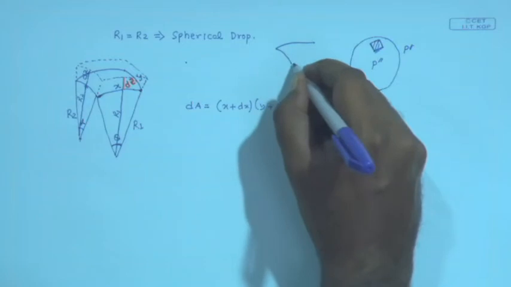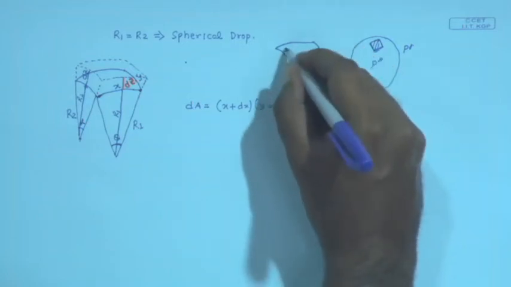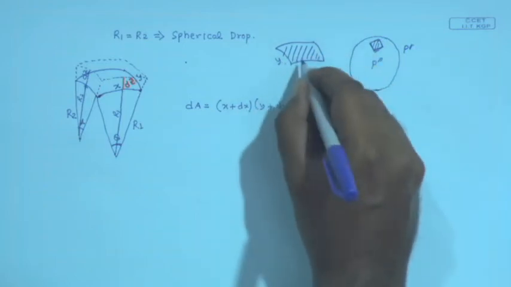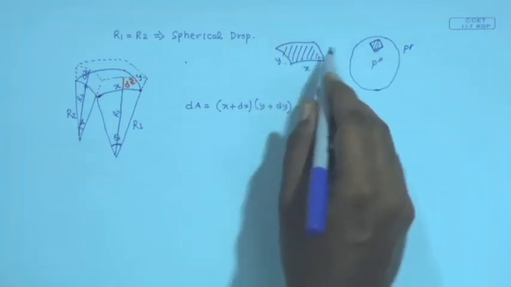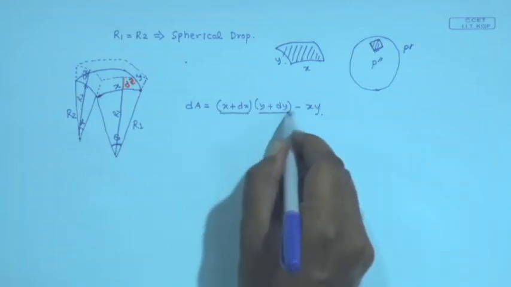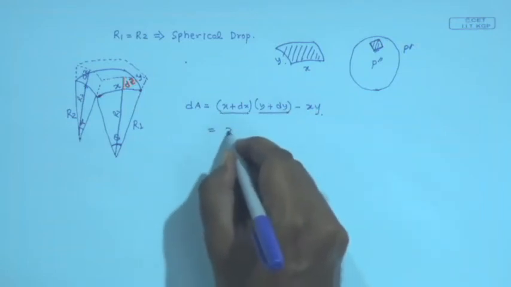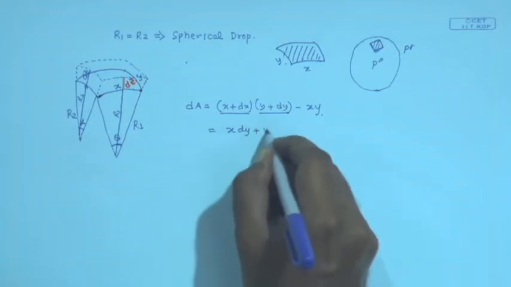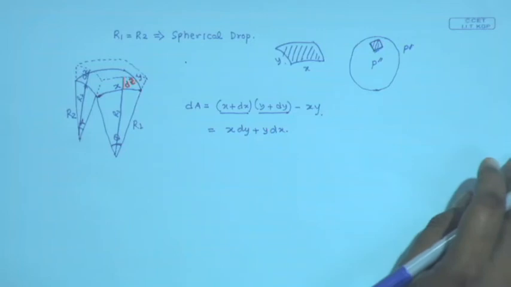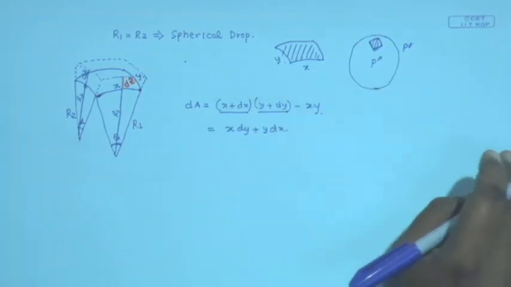Therefore, the area of this segment we are considering can be simply considered to be xy, and then it expands to x plus delta x and y plus delta y, and therefore, the increased area is x plus dx into y plus dy. So, if you expand, this will turn out to be this, neglecting the term containing dx and dy, assuming it to be very small, and the term xy gets cancelled out.